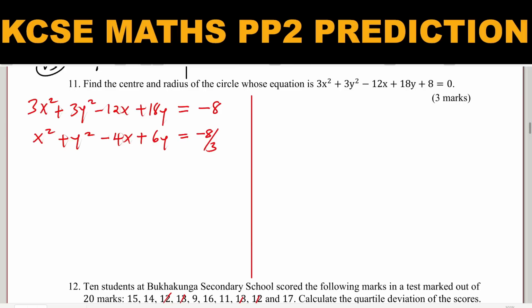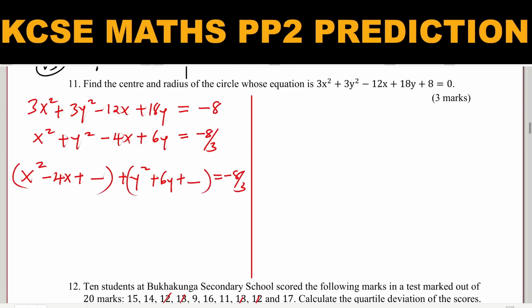The next thing we're going to do is to complete these perfect squares. So I'm going to group them like this. We have x squared subtract 4x, and you have to complete that perfect square. Then plus y squared plus 6y, and complete that, is equal to negative 8 over 3.